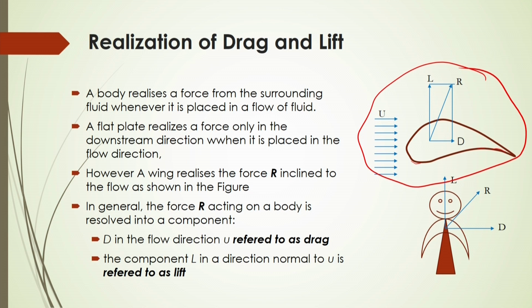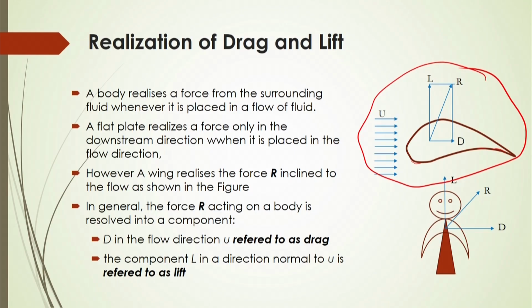However, a wing realizes a force R inclined to the flow as shown in the figure, which depends on the shape of the object. So, for the flat plate the force is only in the downstream direction, whereas for the wing the force R is inclined to the flow.